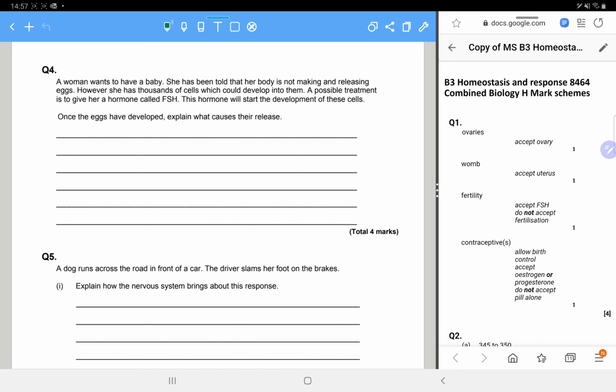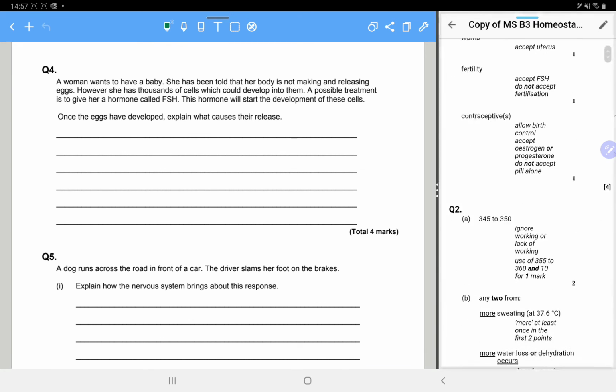The pituitary gland is inhibited by the estrogen from releasing FSH, and the estrogen also stimulates the release of LH, luteinizing hormone, which works on the ovaries and causes the egg to be released. So that's specifically this part of the process.